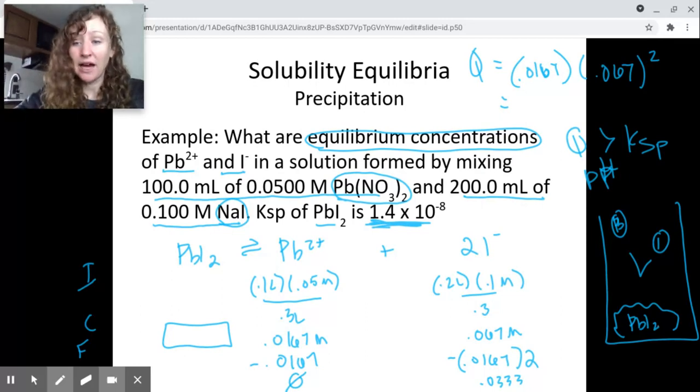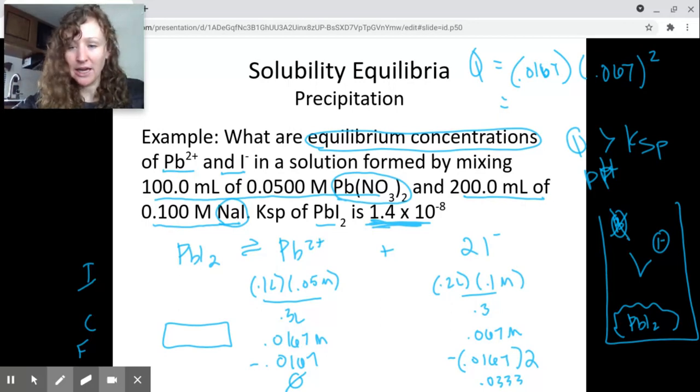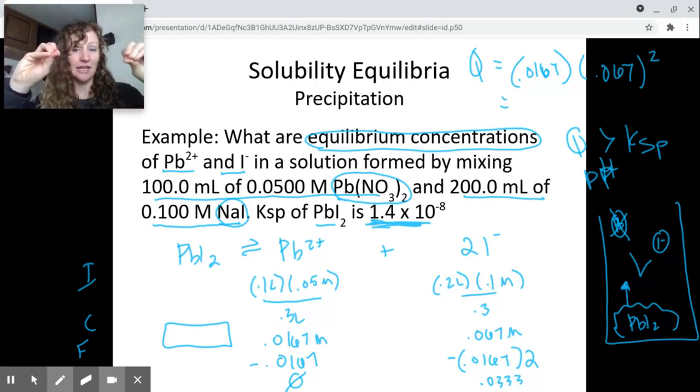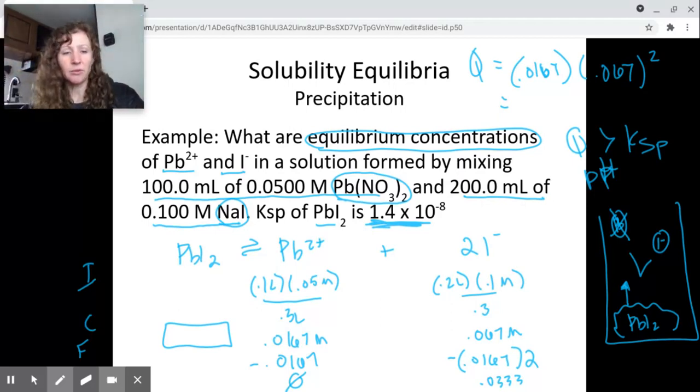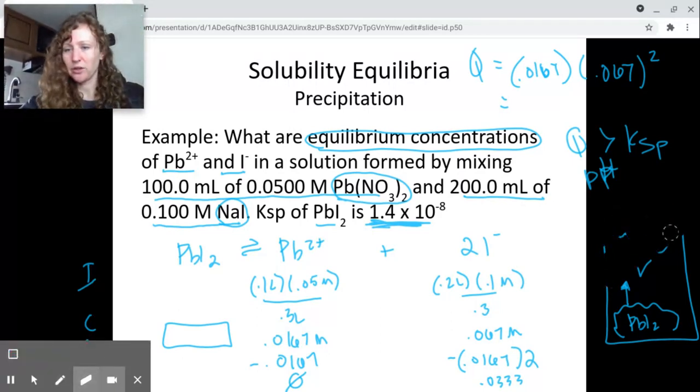I have the iodide ion floating around, but I don't have any lead ions. So in order to go back to equilibrium, some of my lead iodide has to redissolve to establish that lead ion again. Okay, so I'm completely out of room here. So let me erase what I just drew, and I can do it over here.